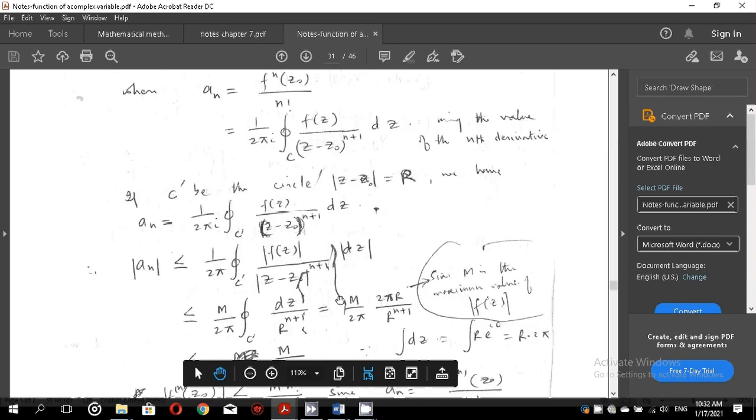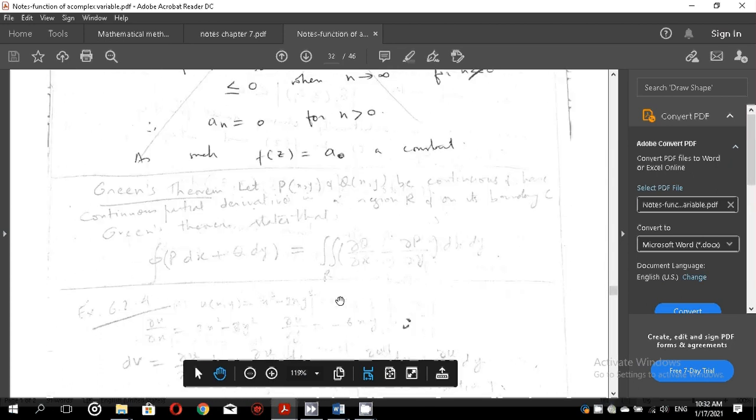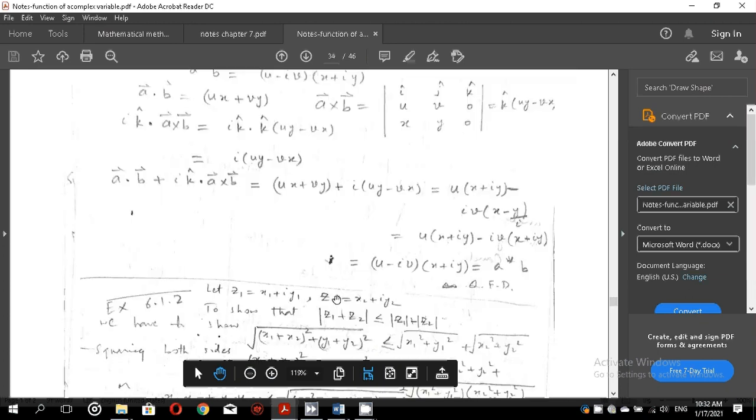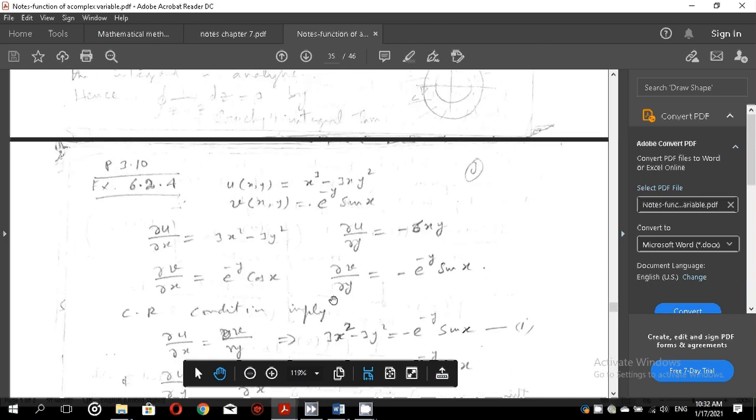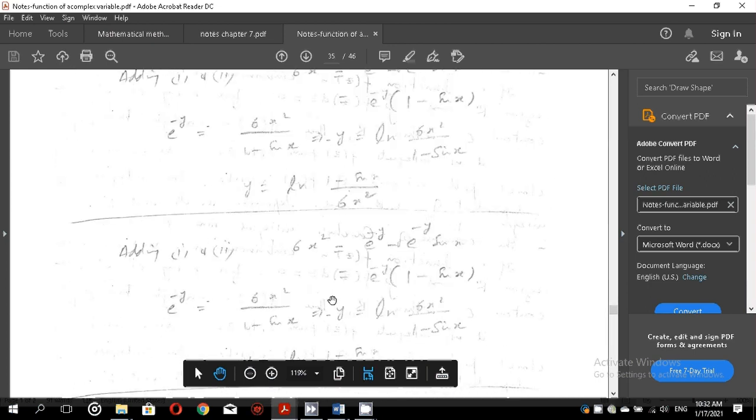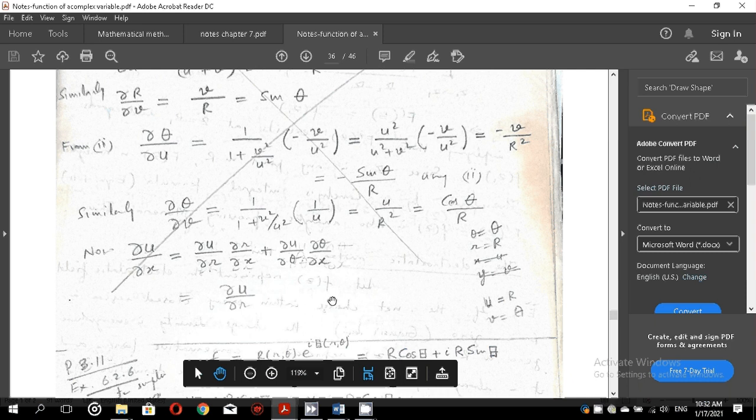So let me display before you the solution of this part, the derivation of the CR conditions in polar coordinates.